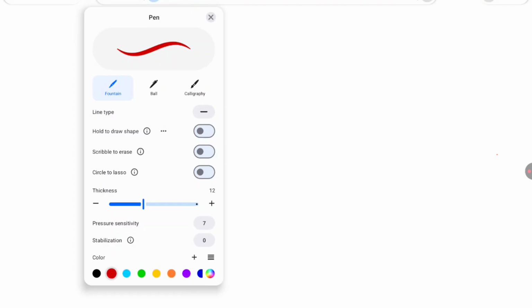So first we will discuss anatomical regions. Today's topic is anatomical regions.